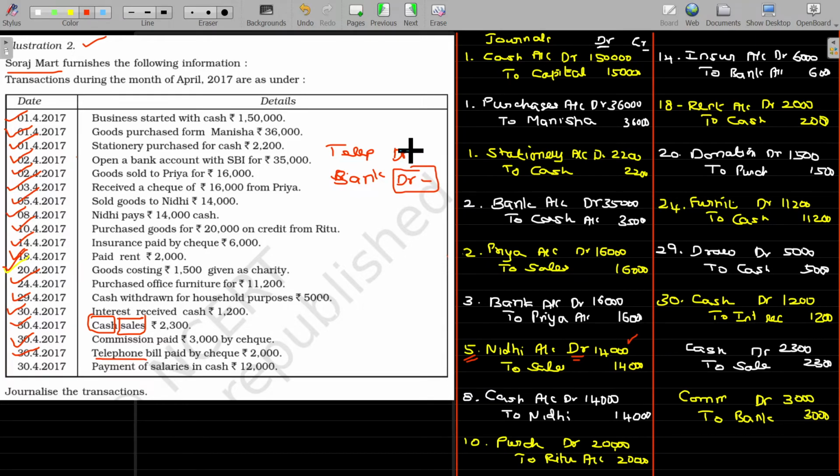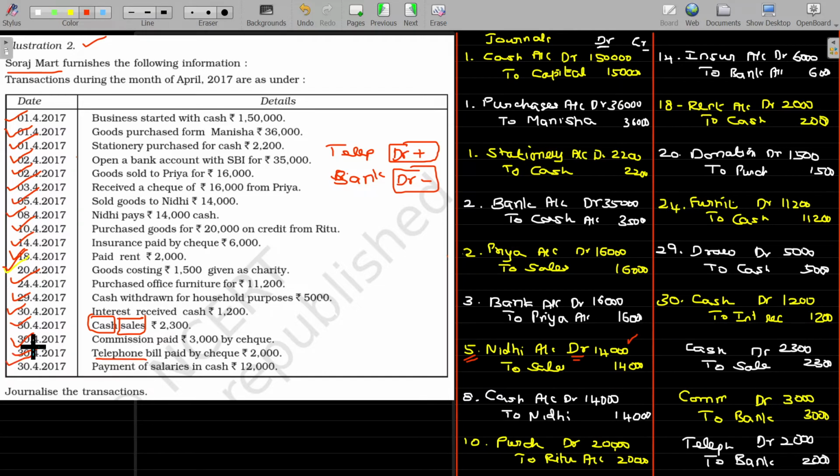Because of this payment, the telephone bill is increasing, so that should be added. So the final journal entry being telephone bill account debit to bank account credit. The value being 2,000.